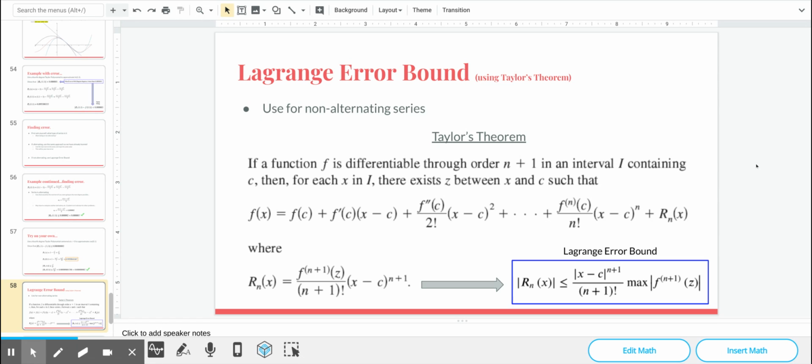Okay. So this is the Lagrange error bound. What I'm going to say is I need you to definitely trust me for part of this, because this is maybe one of the more confusing pieces that we'll talk about through the year. But again, I'm going to walk you through it and try and make it as easy as I can.